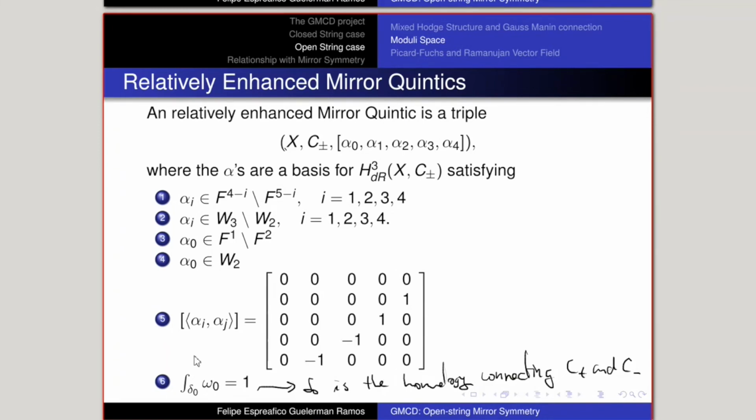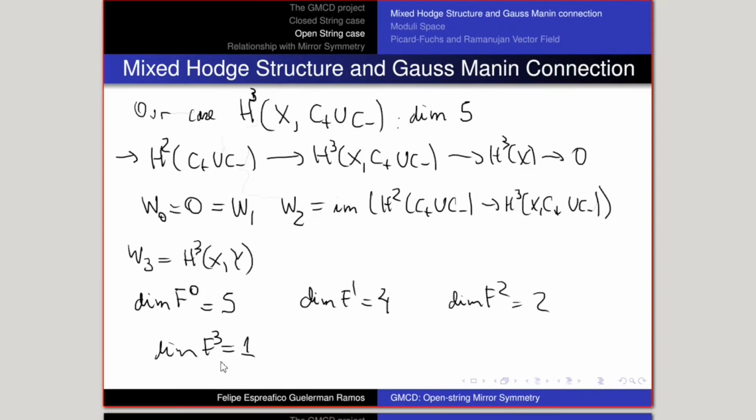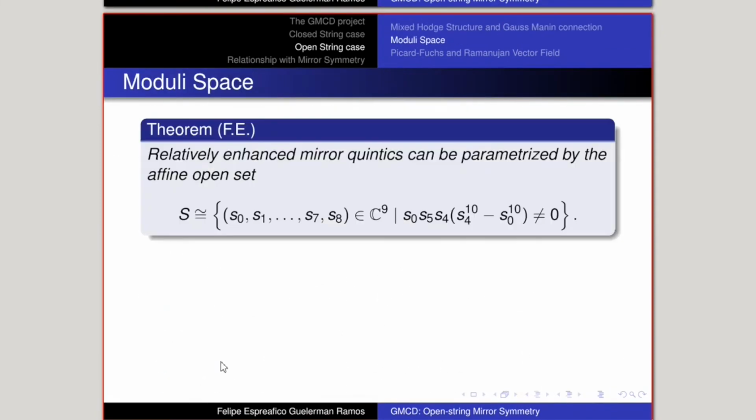Okay, so this condition seems not to be algebraic, but actually in the end this does not depend on the homology. So we ask this just to fix omega 0, because otherwise we would have an extra dimension of omega 0 varying, and we don't want this. So actually what we are doing here is that we are just fixing this extra element.